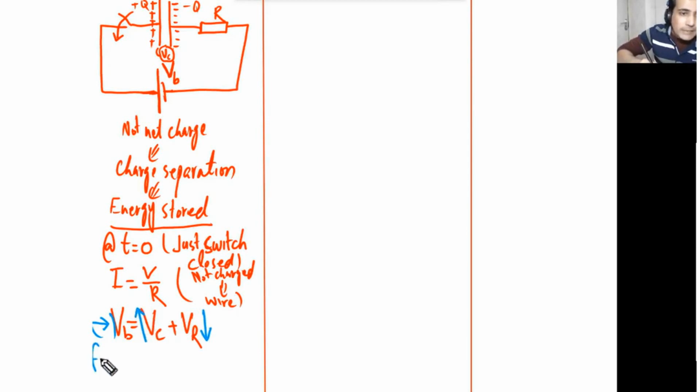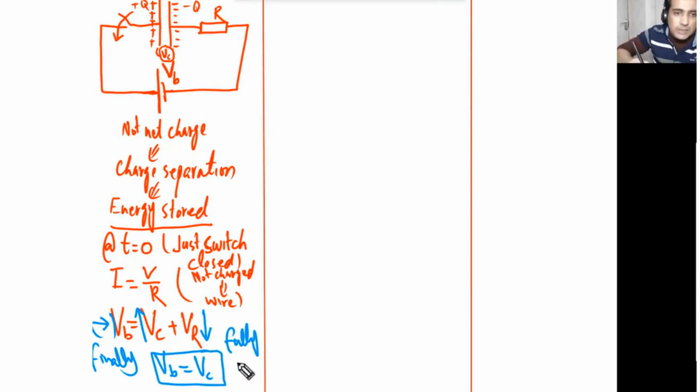Finally, VB will be equal to Vc when the capacitor is fully charged, meaning the EMF of the battery will be equal to the voltage across these two plates. So VR will decrease, Vc will increase.